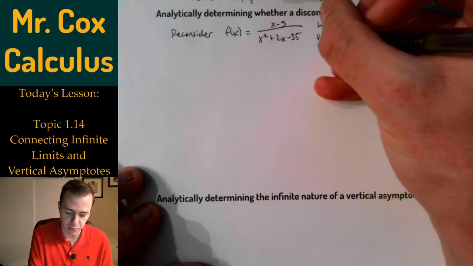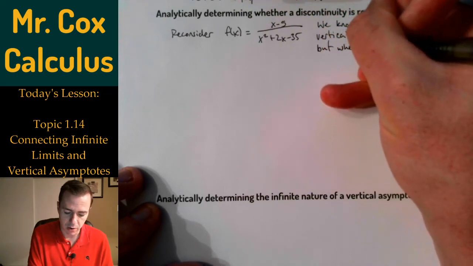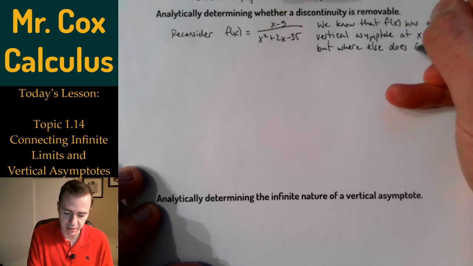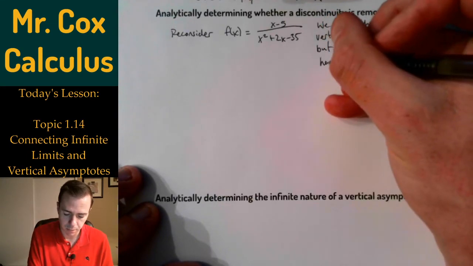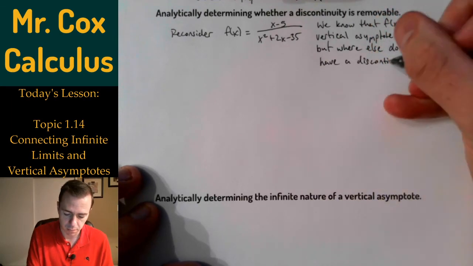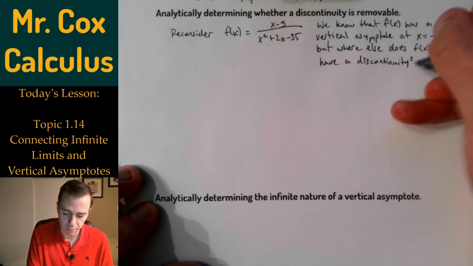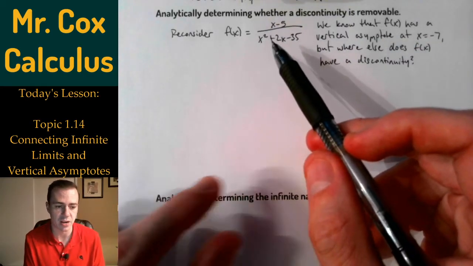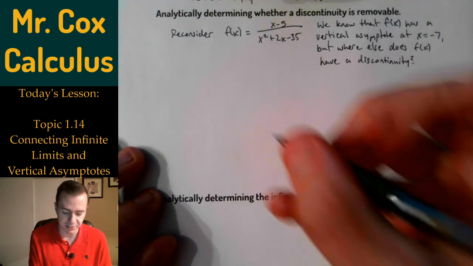But the question that we also have is, where else does f of x have a discontinuity? And our algebraic minds can already see that this denominator right here is going to factor. And so let's go ahead and do that.